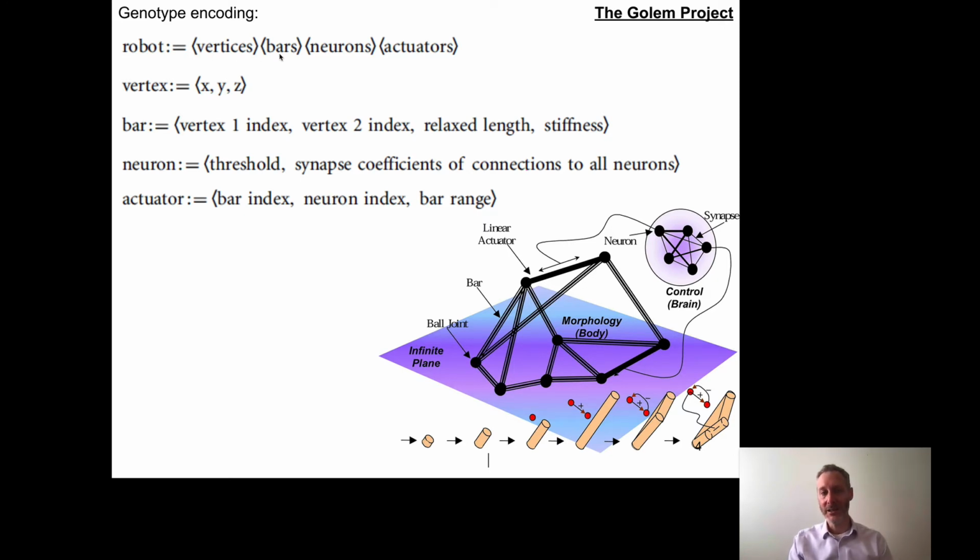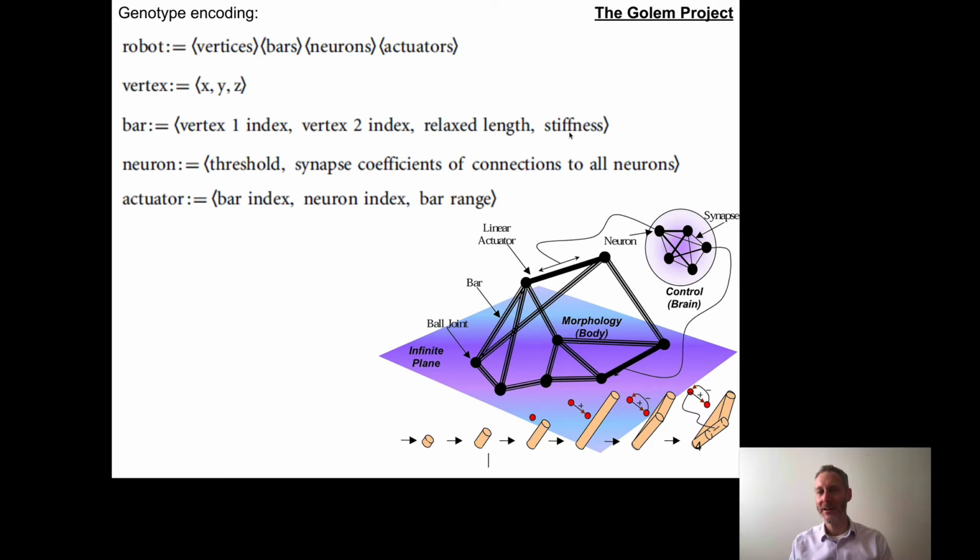The next list is a list of quadruples of 4 numbers. The first 2 are integers, indicating which 2 vertices in the vertices list that bar connects together. So here's a bar connecting these 2 vertices together. And then it specifies relaxed length and stiffness.